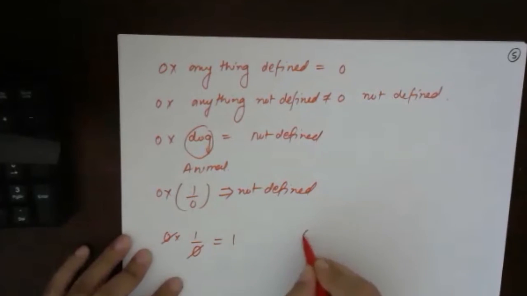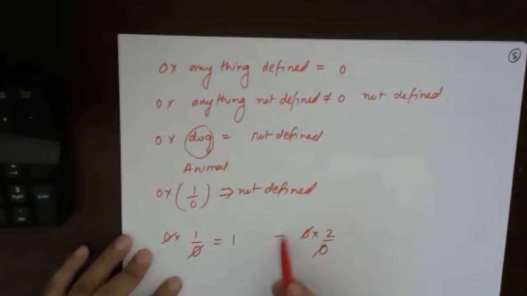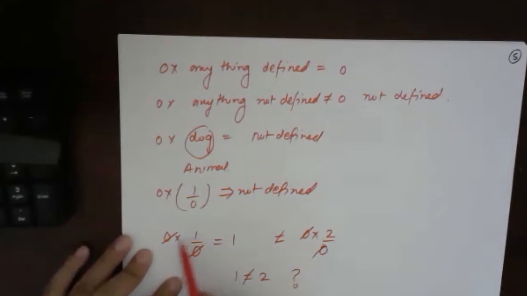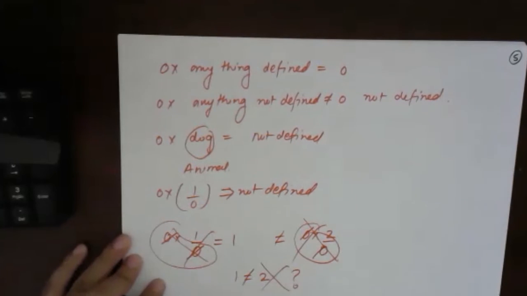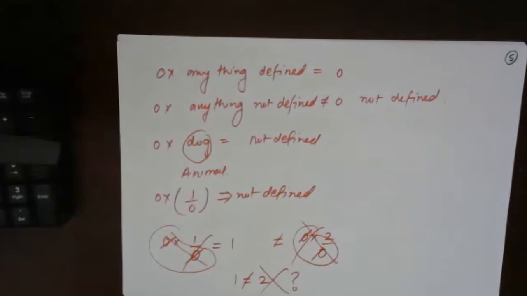Now suppose I'm writing 0 into 2 by 0. If again this is cancelled, this becomes 2. So indirectly you are saying 1 is equal to 2. No, right? So that means this is not possible. This thing is not correct. Understood? Fine. This part everybody is okay.